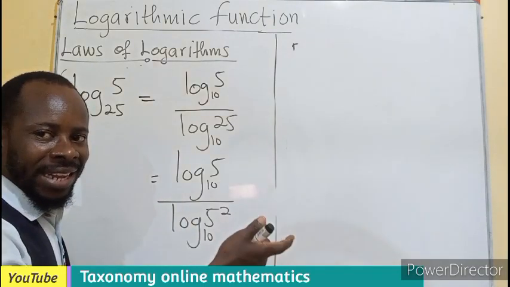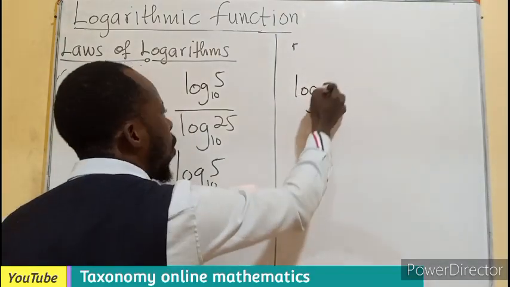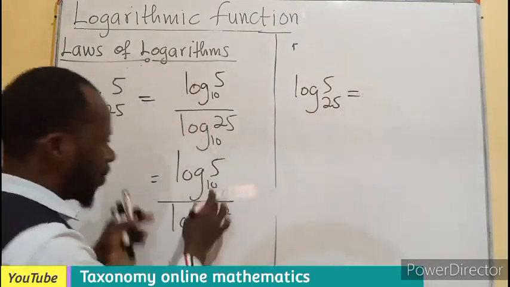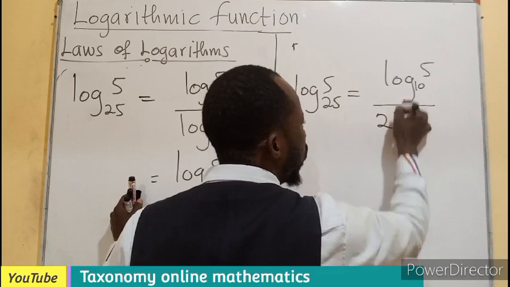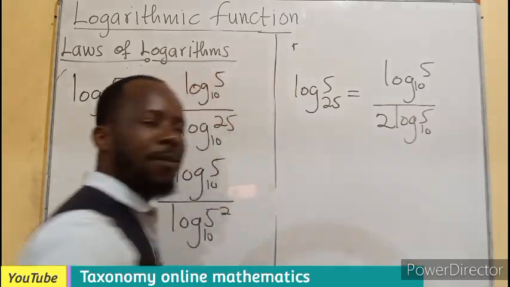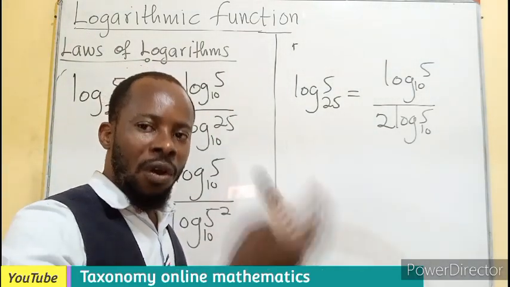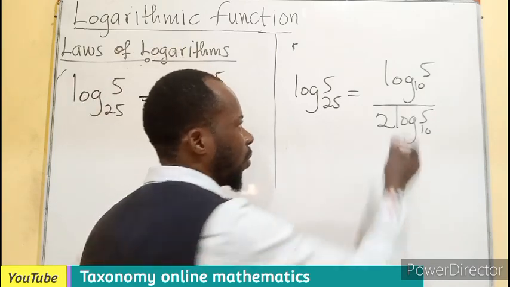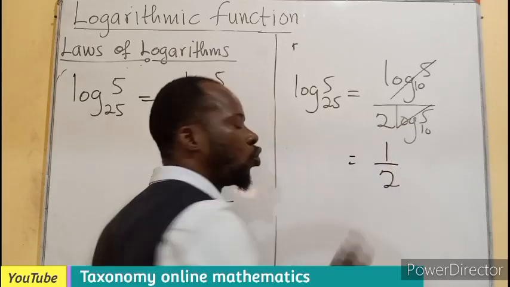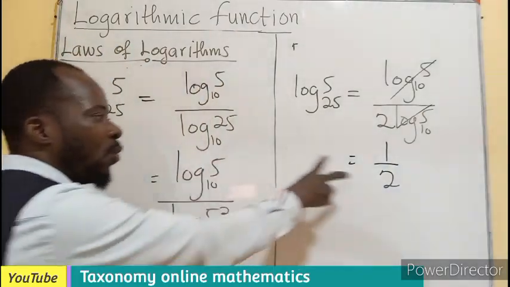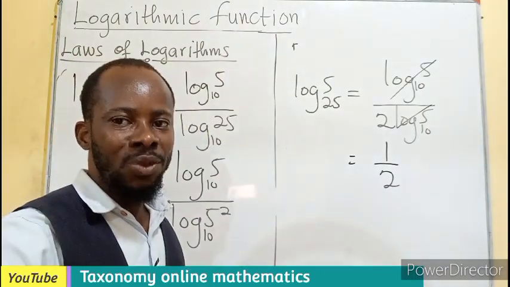You remember the third law, the power rule: the power comes to multiply. So I now have log 5 base 25 being the same as the log of 5 base 10 over 2 log of 5 base 10. You can see clearly this is a division of log 5 base 10 over log 5 base 10, which will cancel. You'll be left with only 1 on top and 2. So this simply means that we have half as the answer for logarithm of 5 base 25.